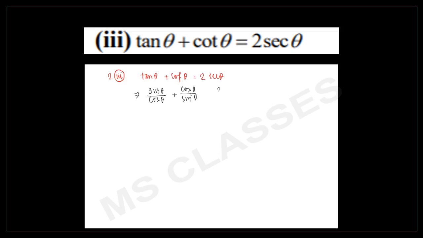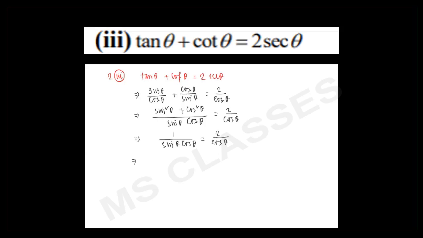So this is 2 by cos theta. Now this simplification gives us sine square theta plus cos square theta by sine theta cos theta equal to 2 by cos theta. So this gives us 1 by sine theta cos theta, and that is 2 by cos theta.